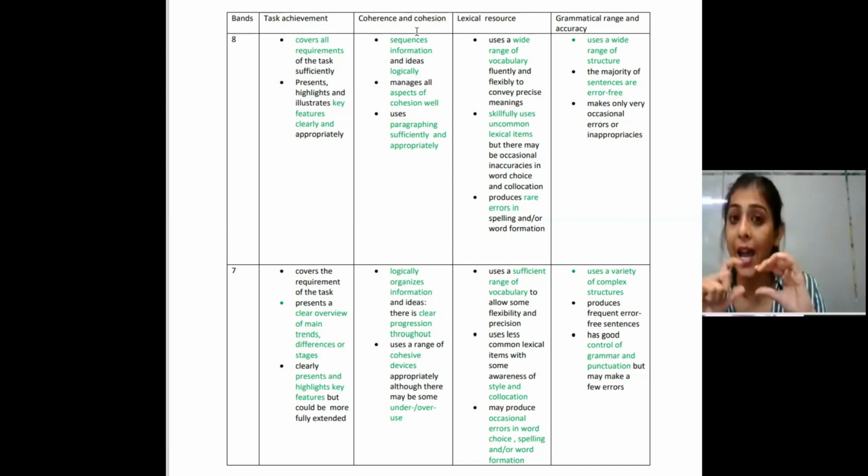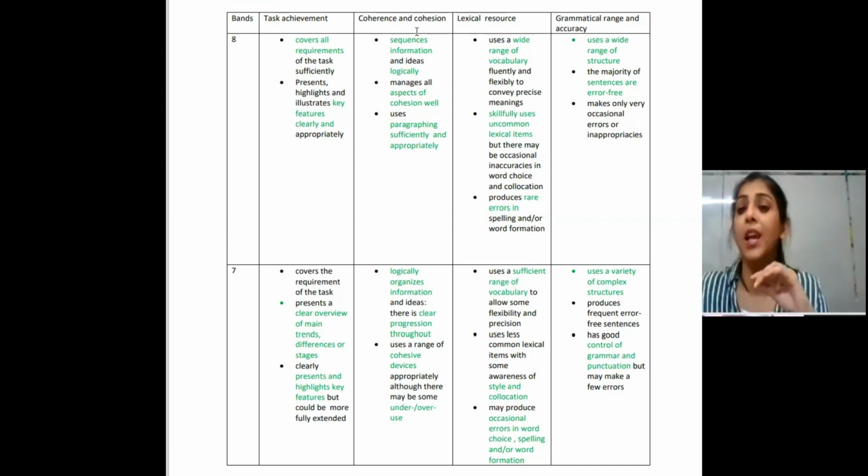Or if I want to say A is increasing, now B is decreasing, I need to add a linker of contrast: A is increasing, but B is decreasing. Are you getting? So this is called cohesion. Fine, the link within the sentences.